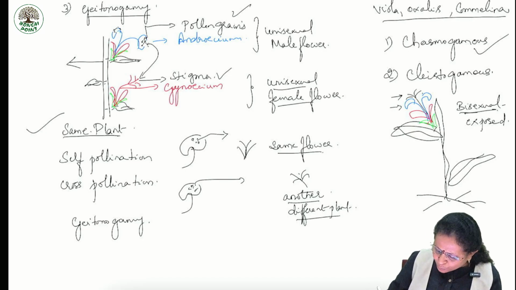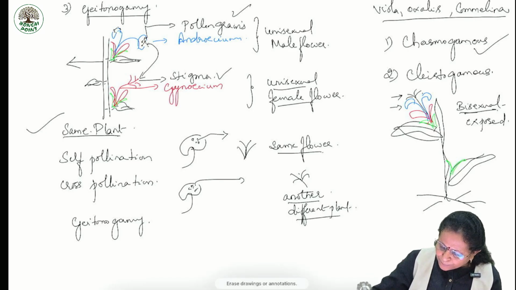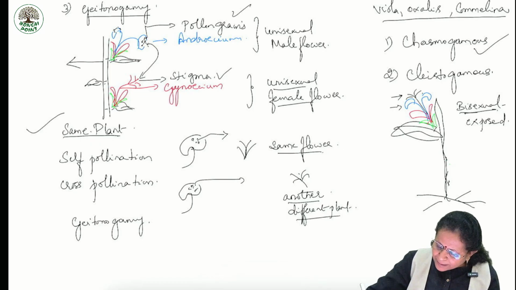Coming back to the cleistogamous flower. See, let me show you. In case of commelina, the stem appears like this, monocot. Now the leaves are showing parallel venation.